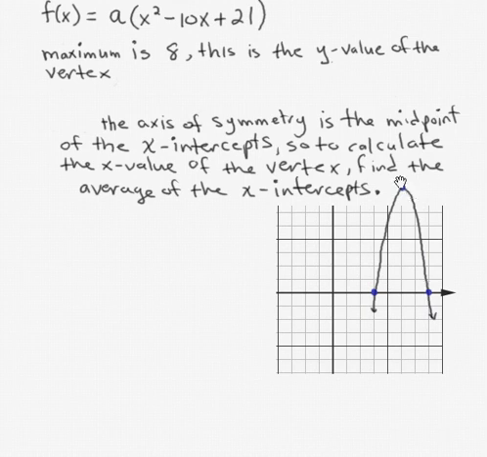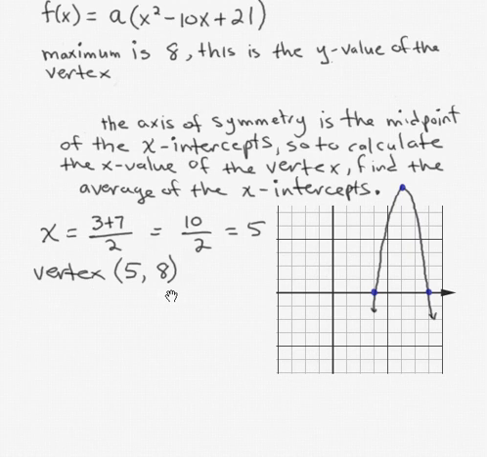We know that the y value of the vertex is 8, but we also know due to symmetry the x value would have to be halfway between here, or the average of 3 and 7. 3 plus 7 is 10, divided by 2 is 5, and sure enough, if we put it on the graph so we can visualize it, my vertex is at the point positive 5, positive 8. So again, we're averaging my two x-intercepts together to find out the x value of my vertex. So my vertex is 5, 8.